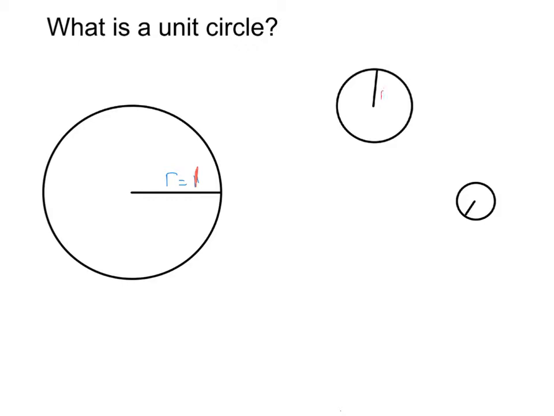This one also has a radius of 1 unit, generic unit. These two circles are not congruent. They're not the same size at all. Okay? None of the three are. But they all have a radius of 1 unit. Okay? And if they all have a radius of 1 unit, then their circumference is 2 pi.